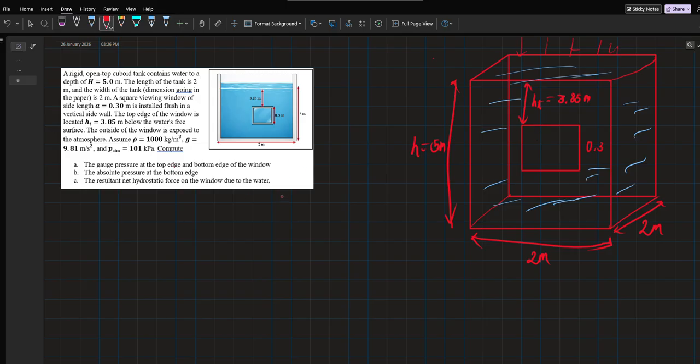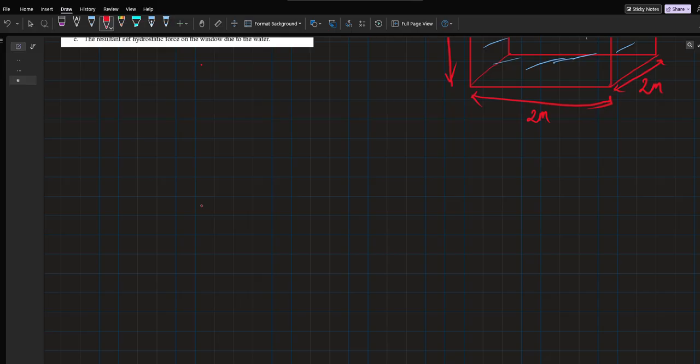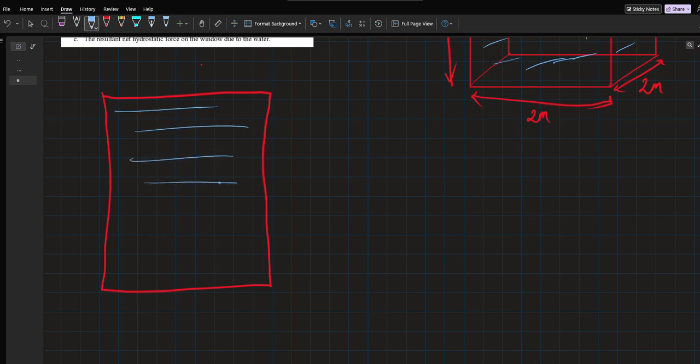So let's talk about hydrostatic pressure. I'll briefly explain what hydrostatic pressure is. Let me go down here. Hydrostatic pressure means if you have a tank filled with water, and it has a certain height, let's take 10 meters.